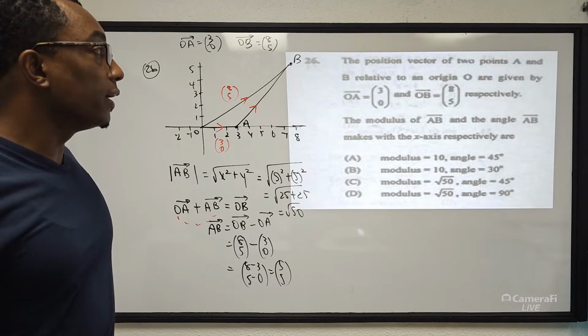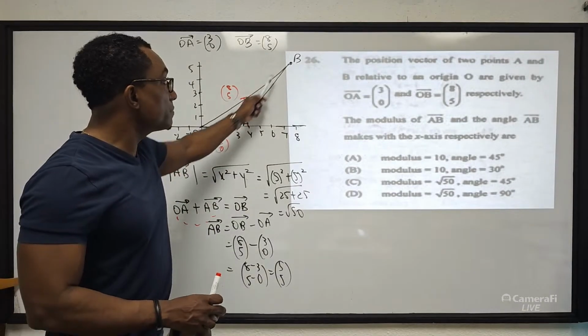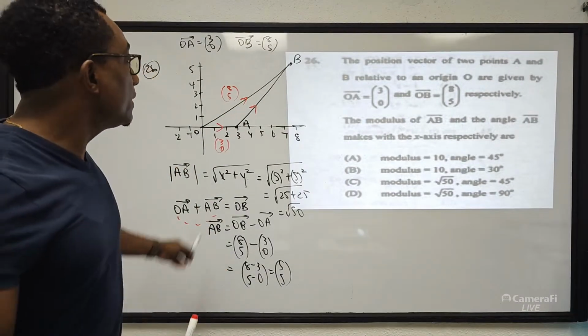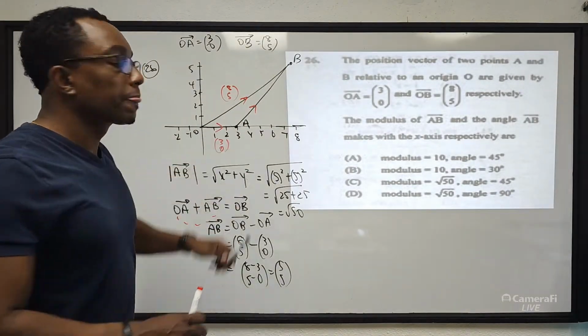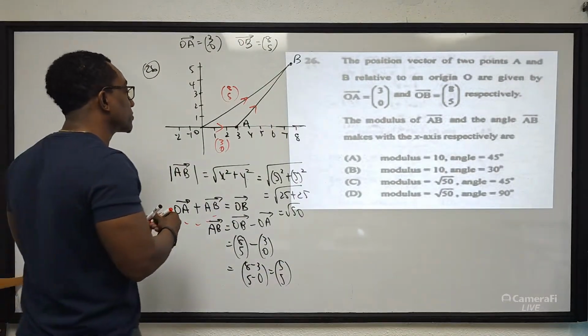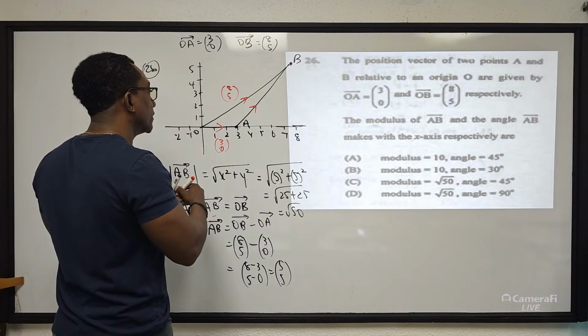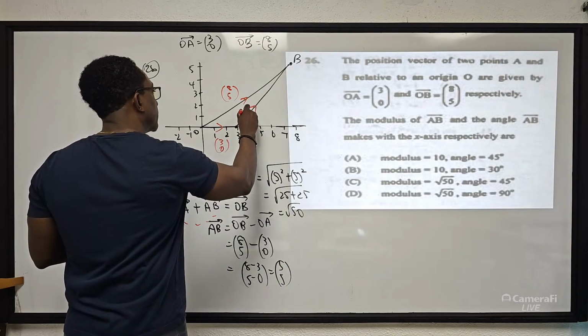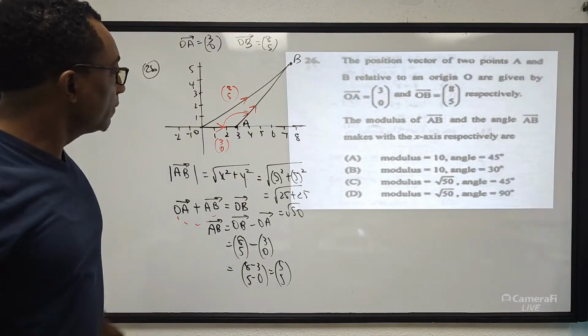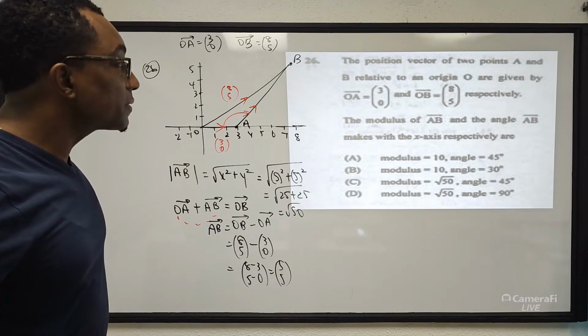But then you now want the angle AB, this is vector AB, makes with the x-axis. So they want the angle AB makes with the x-axis. So they want this angle here. Got it? So they want that angle AB makes with the x-axis.